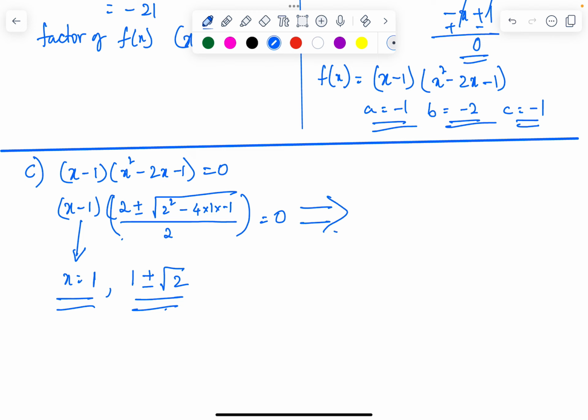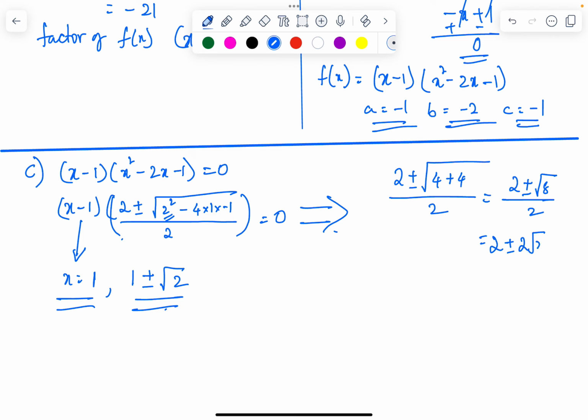So this gives you 2 plus or minus the square root of 2 square, which is 4, minus 4 times 1 times negative 1, which is positive 4, over 2. So this is 2 plus or minus square root of 8 over 2. I can write square root of 8 as 2 square root of 2 over 2, and this cancels. This becomes 1 plus or minus square root of 2.